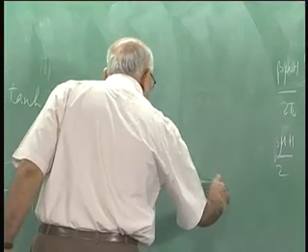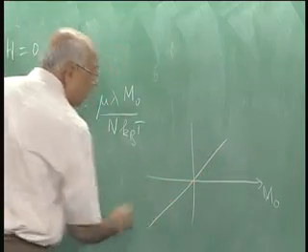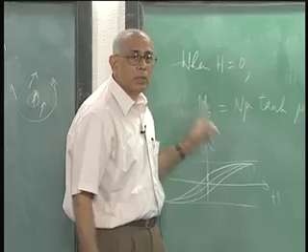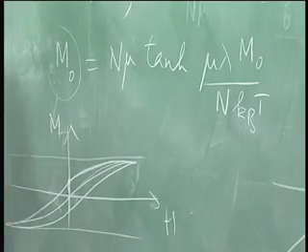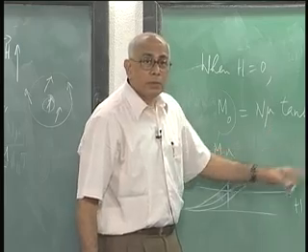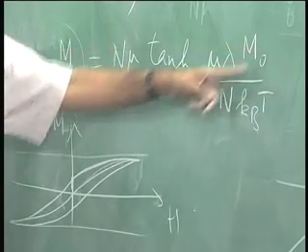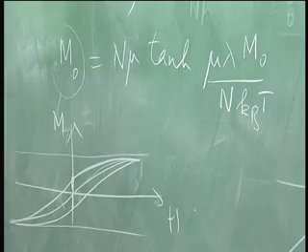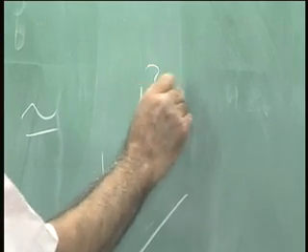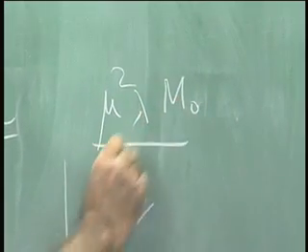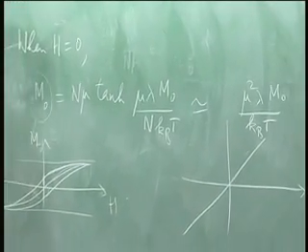What would happen is that if I plotted M0, the left hand side is a 45 degree line, M0 equal to M0, the right hand side is n mu lambda M0 over n k Boltzmann T, and that quantity for M0 approximately 0 is n mu squared lambda M0 over n k_B T. So near M0 equal to 0, the n cancels out and you have mu squared lambda M0 over k Boltzmann T, and that is a straight line of slope mu squared lambda over k_B T.